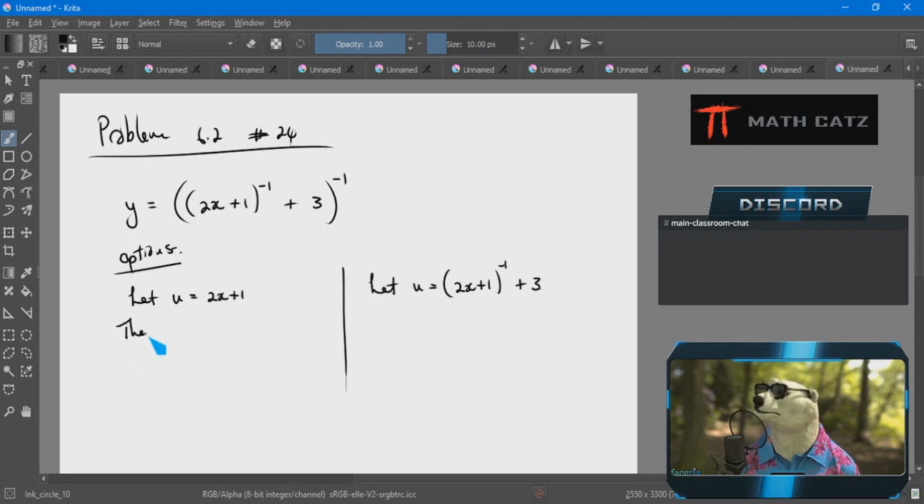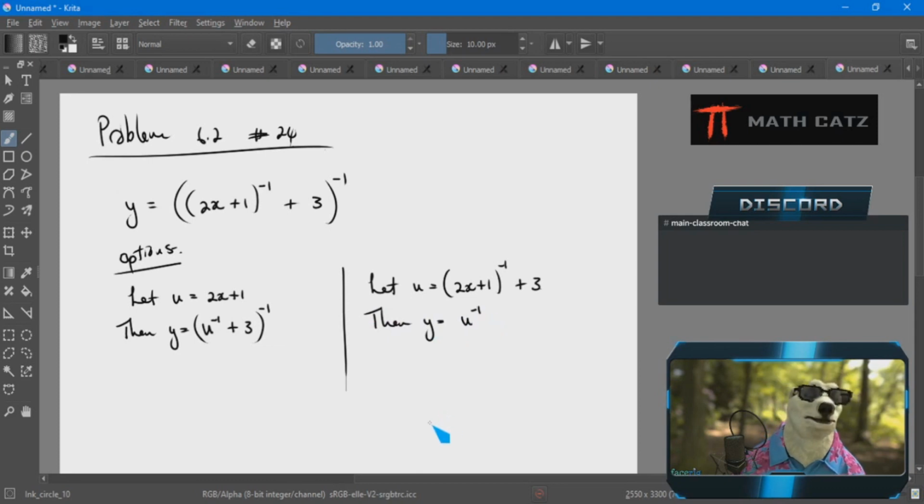In the first case, then y is going to be u to the -1 plus 3 all to the -1. Even if I make that a fraction, it doesn't actually matter too much. In the second option, y is going to be u to the -1. Neither one of these is wrong, but we said we want to move forward with the choice that has the simplest outside function.